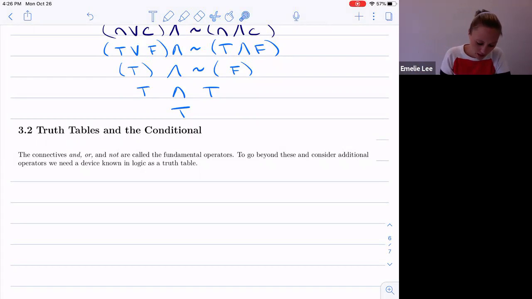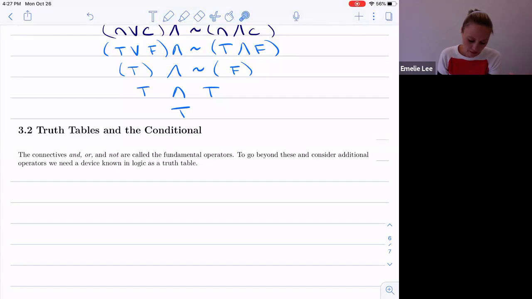The connectives and, or, and not are our fundamental operators, so we have to have a really good handle on what they do. Of course, the not is easy. It's just the opposite. In words, that's not really how negation works, but for truth values, it's the opposite. Both of those values have to be true in order for an and statement to be true. And for or, only one of them has to be true in order for the whole thing to be true.